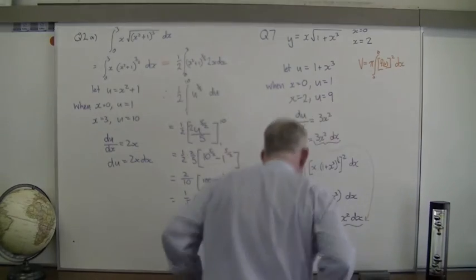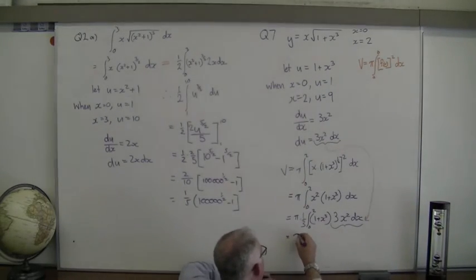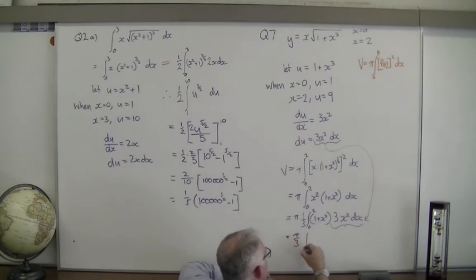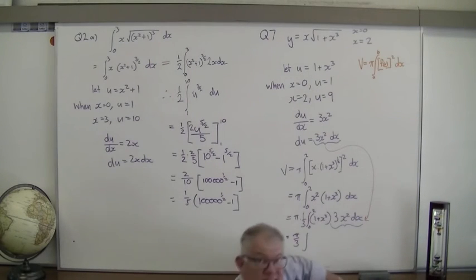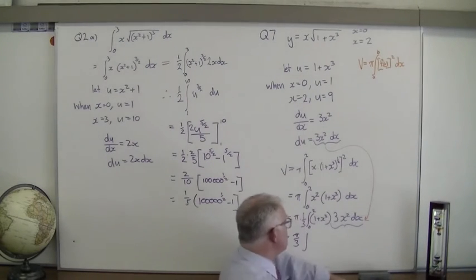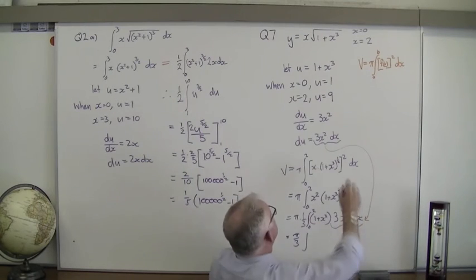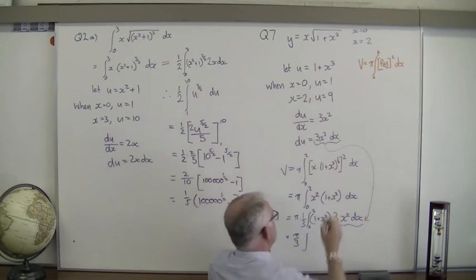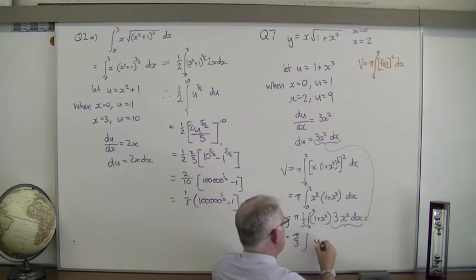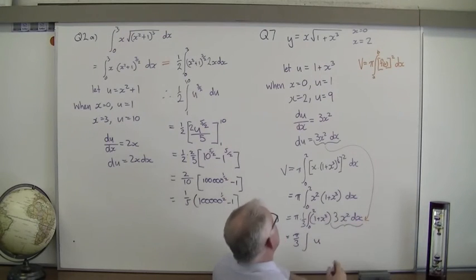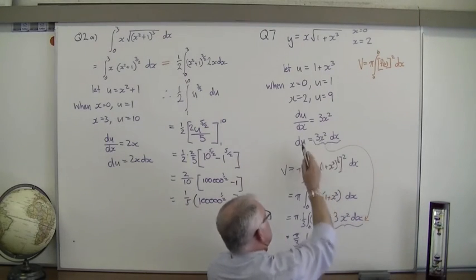And now how sweet is that? We have pi on 3, and this bit in the brackets is the same as u, 1 plus x cubed. So this is u, and 3x squared dx is du.